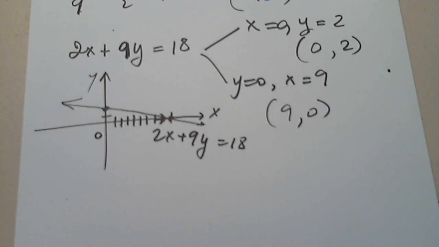Number 25. Graph the following equations. How will you graph y equals 0 and how will you graph x equals 0? So first, y equals 0. Which of these, A, B, C, D, is y equals 0?